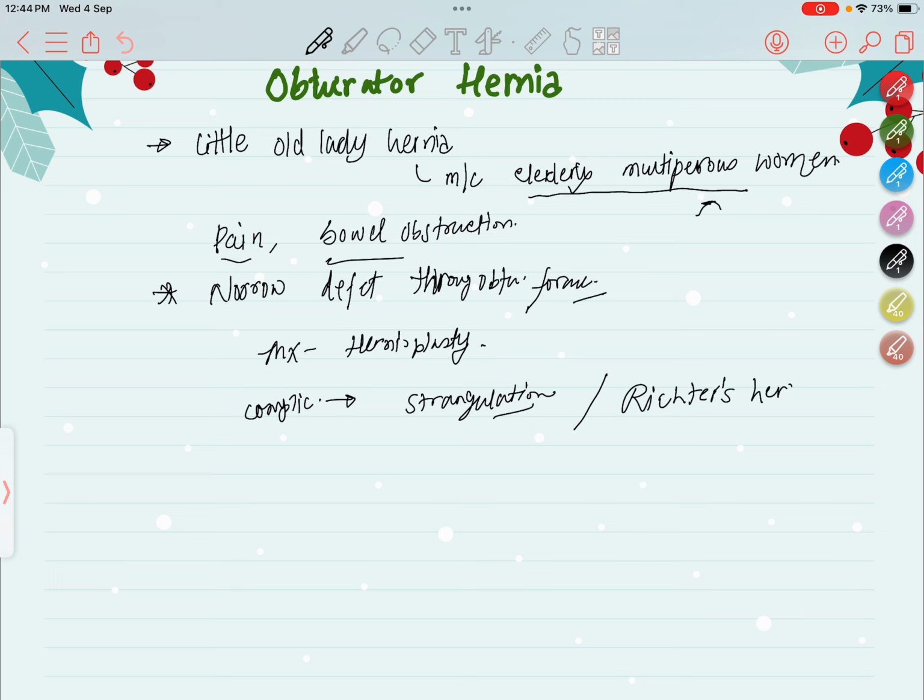Richter's hernia is a type of hernia where one side of the intestine protrudes through this obturator canal, and rather than the entire width of the intestine, only one part of the intestine.